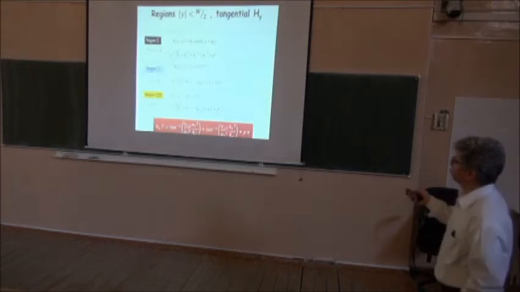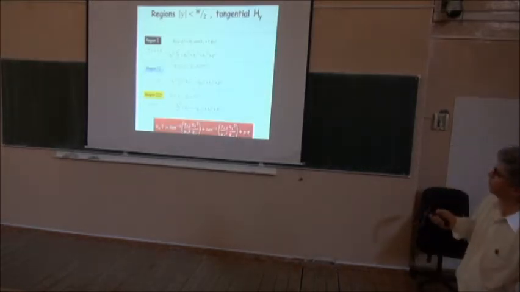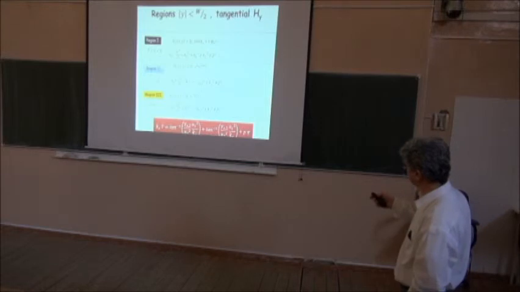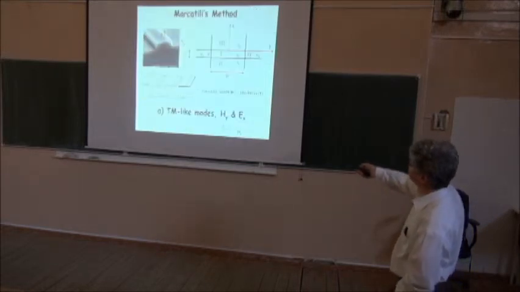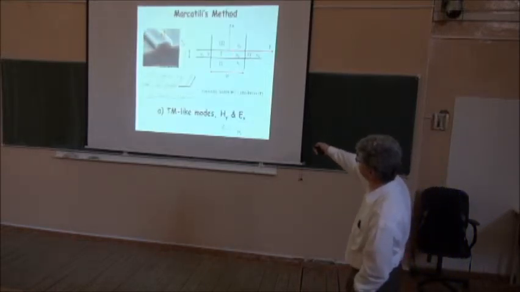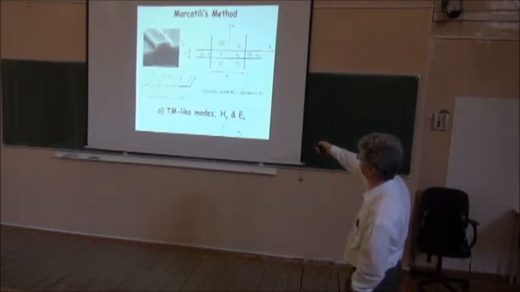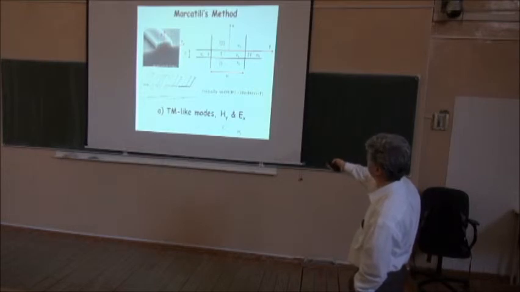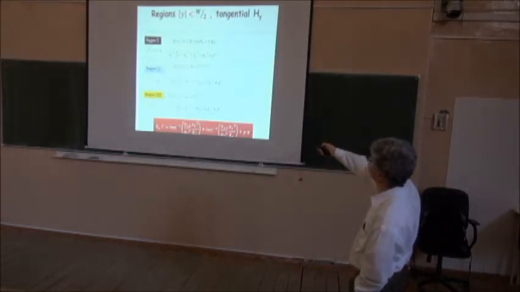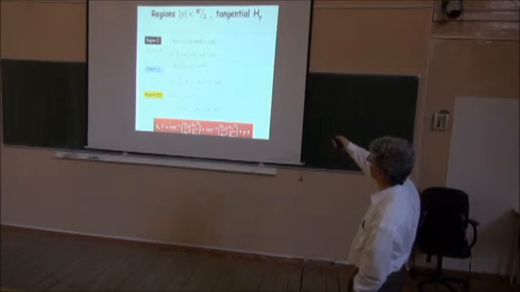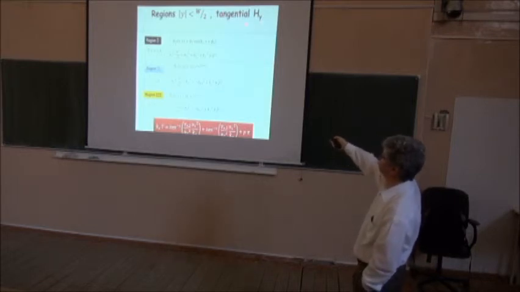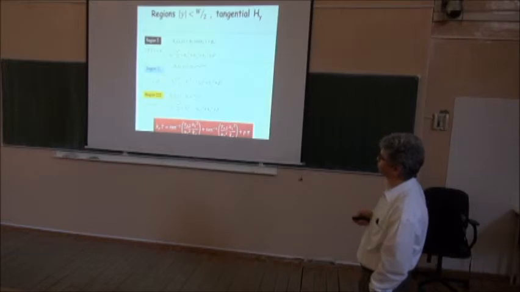So we're going to look for that kind of solution, and first we're going to look for the solution inside this region here, regions 1, 2, and 3. I'm going to focus on that region here. That is defined by the fact that my Y direction is smaller than W over 2, and I have tangential components for HY in that direction.